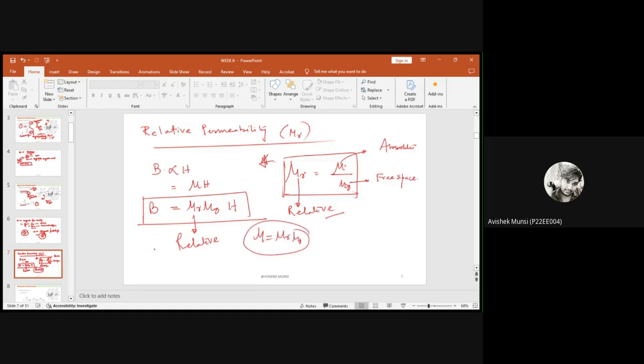For air or non-magnetic material, the relative permeability should be 1. But in the case of ferromagnetic material, it depends, so it should have a value. After this, if you have any doubt, you can ask, and we will move into the next slide.